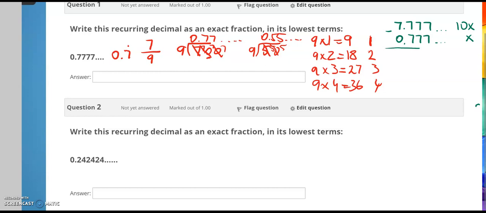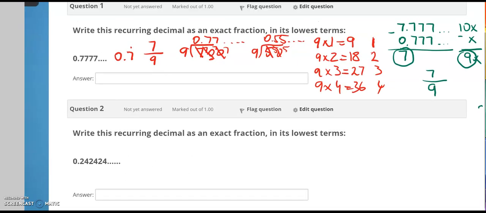Taking away the bottom number from the top one means that we're left with just 7. And looking at the x's, we get 9x. So this one is the numerator and this is the denominator. So 7 9ths again.